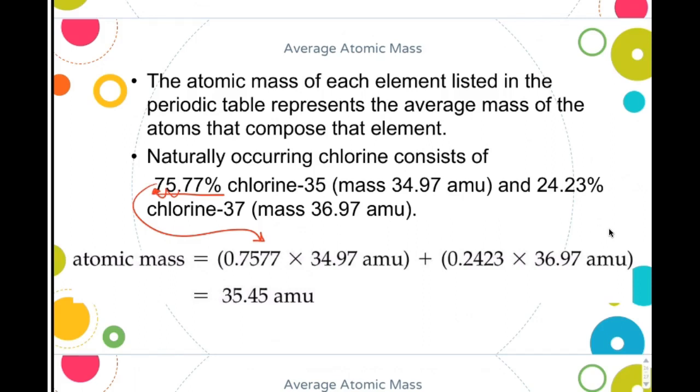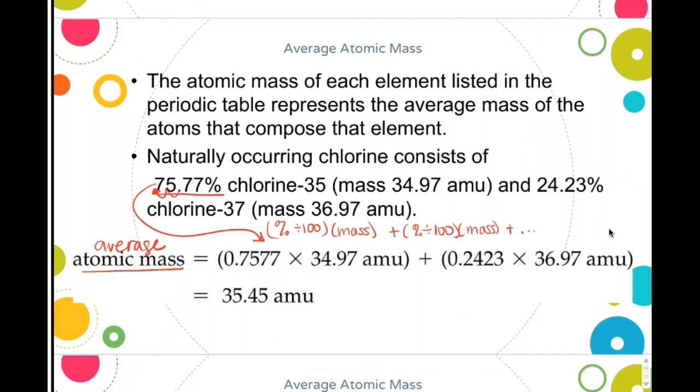And so I'll often write as a general form: percent divided by 100 times the mass, plus the percent divided by 100 times the mass, plus keep going, right? That's kind of a generic formula for average atomic mass.